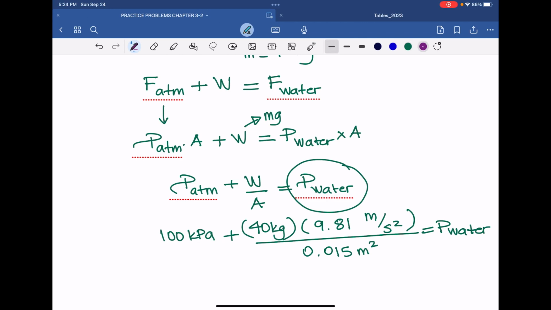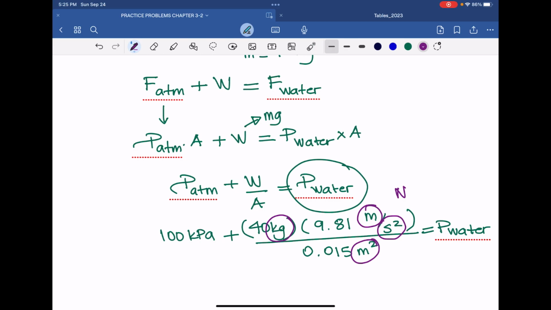We need to be careful here about the units, okay, because kilogram meter per second squared is Newton. Newton per meter squared is Pascal.